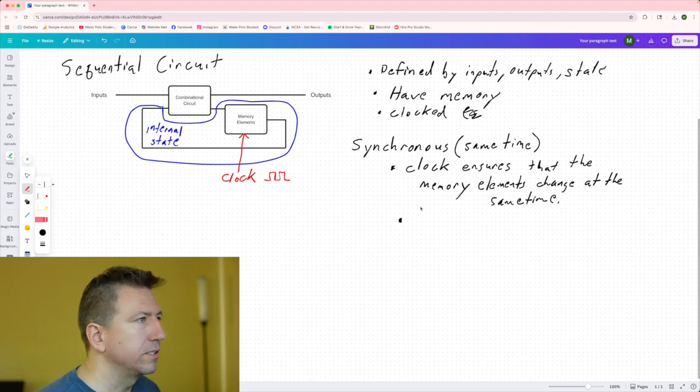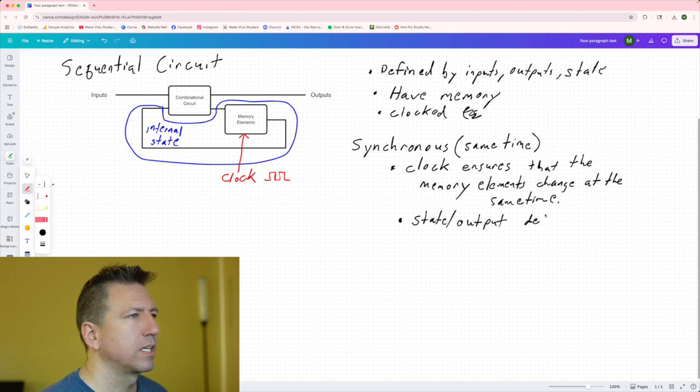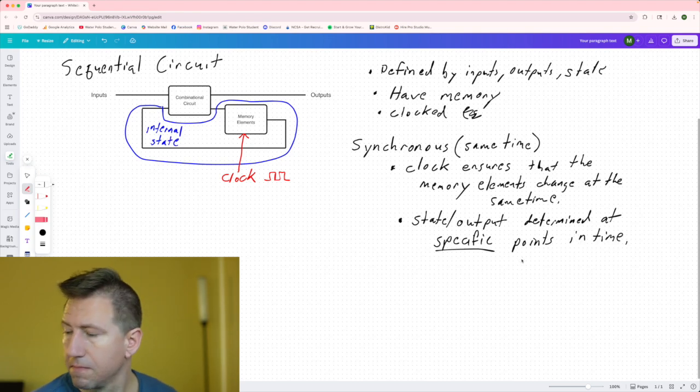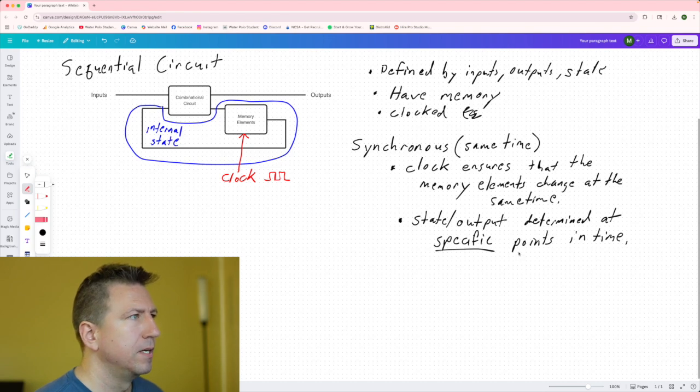And we also have that the state and the output are determined, because of this, at specific points in time. Okay? So that's how we define a synchronous situation.